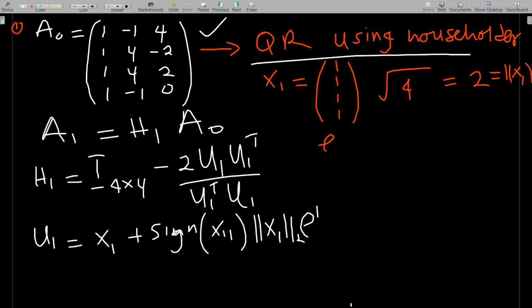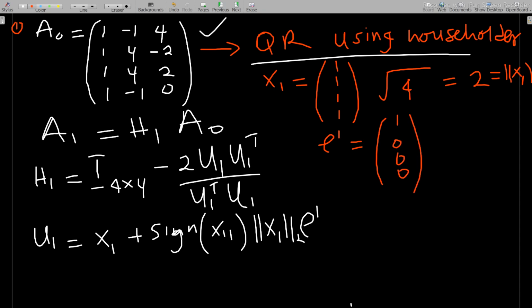Now our e1 here: since we are dealing with a 4 by 3 matrix, you are supposed to pick a 4 by 4 identity matrix. So the first column of the 4 by 4 identity matrix looks like 1 0 0 0. We are good to go.